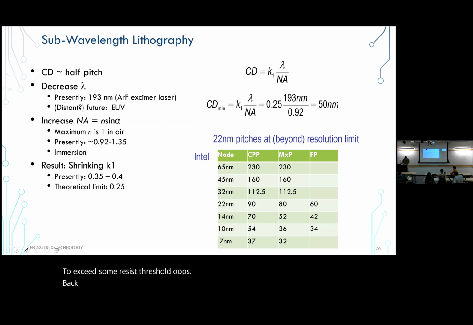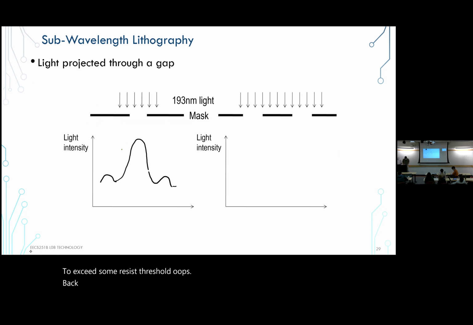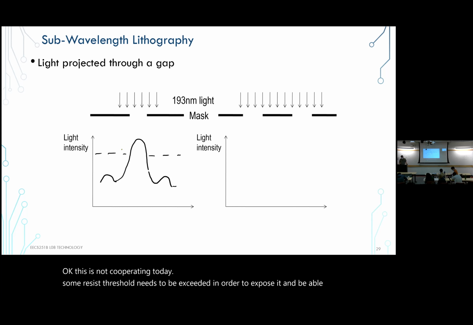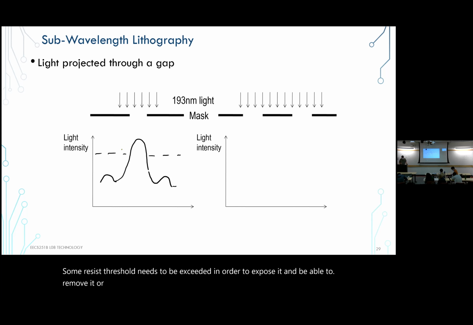Okay, this is not cooperating today. Some resist threshold needs to be exceeded in order to expose it and be able to remove it or retain it on the wafer. So this will define your line, whether it's a gate or something else.